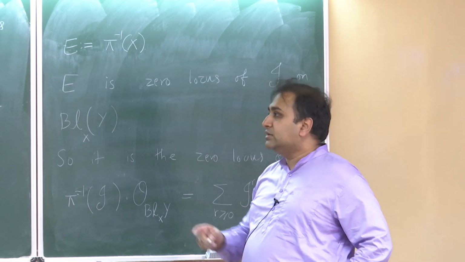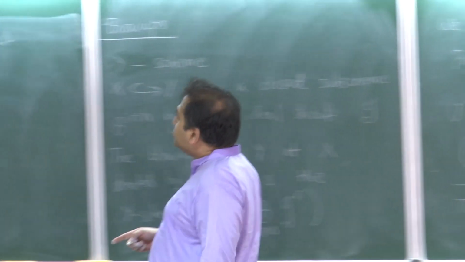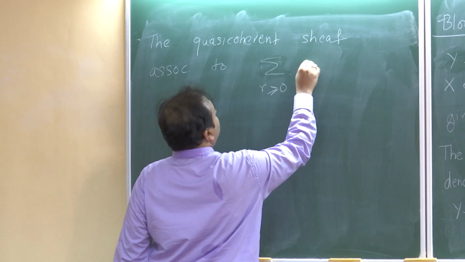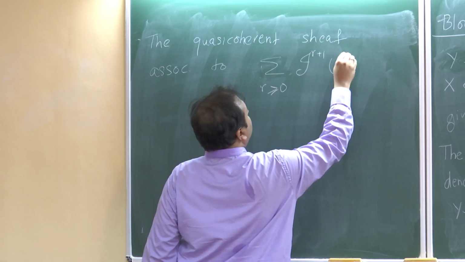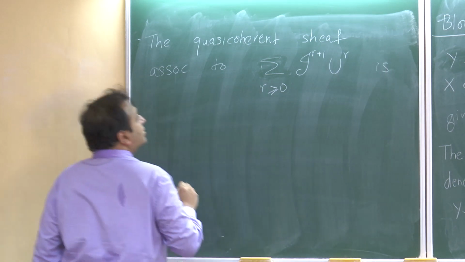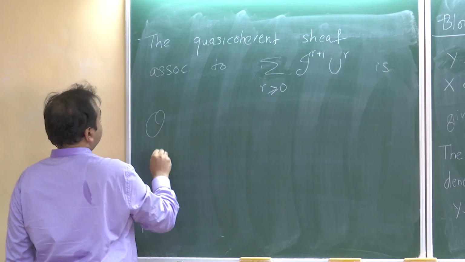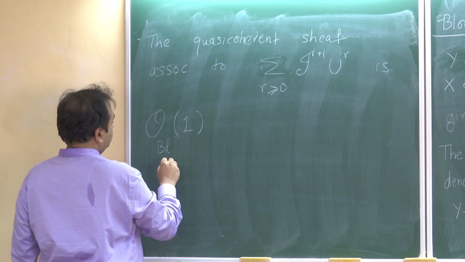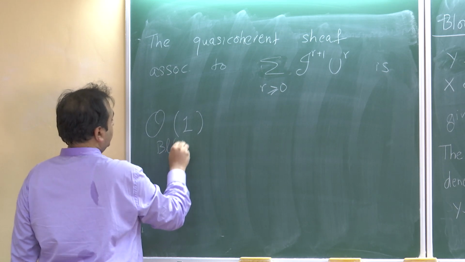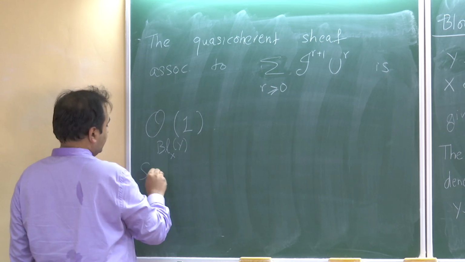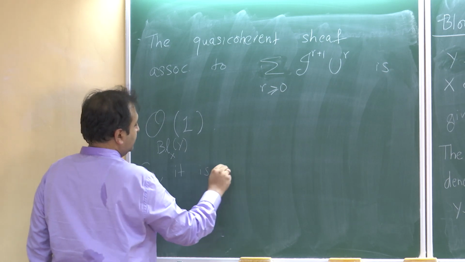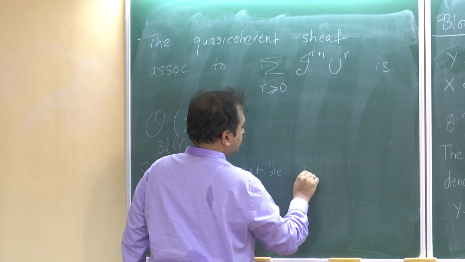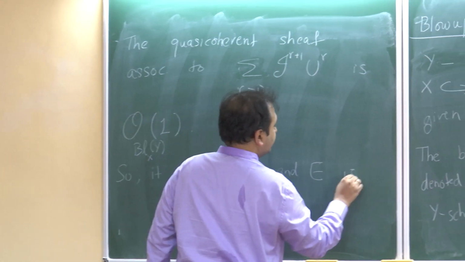The quasi-coherent sheaf associated to this is basically O(1), so I should write the blow-up. So it is inverted, and E is a Cartier divisor.